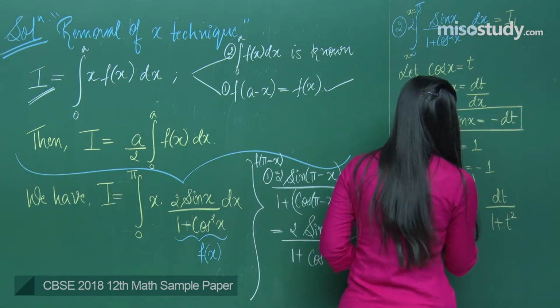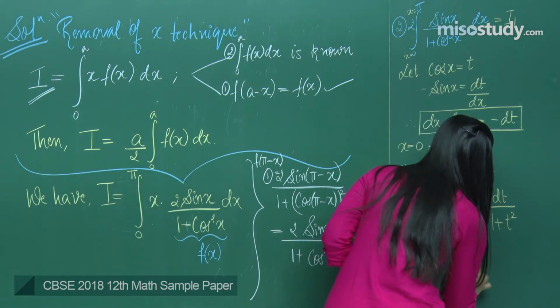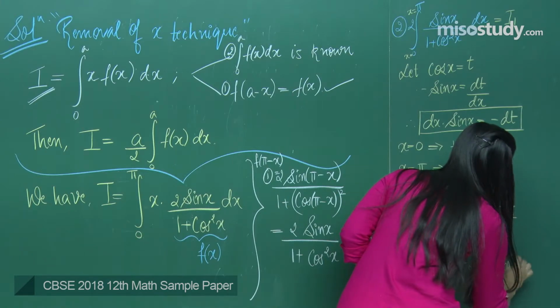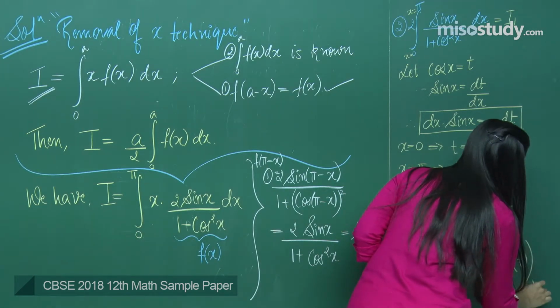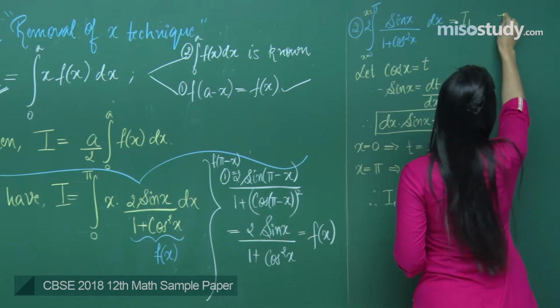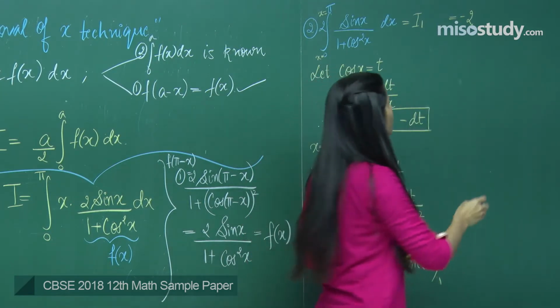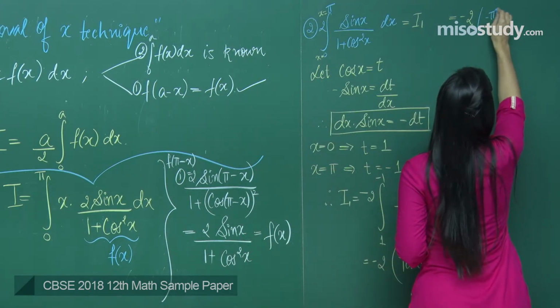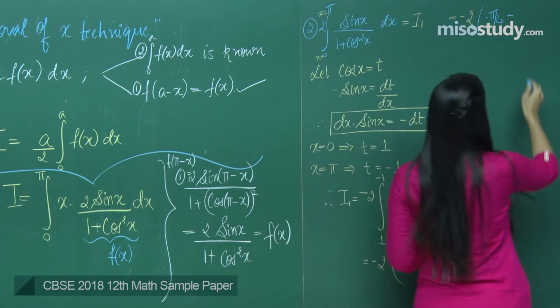Just take this minus sign outside. After this, 1 upon 1 plus t square is tan inverse t from 1 to minus 1. So you have minus 2 into tan inverse of minus 1, which is minus pi by 4, minus tan inverse 1, which is pi by 4.